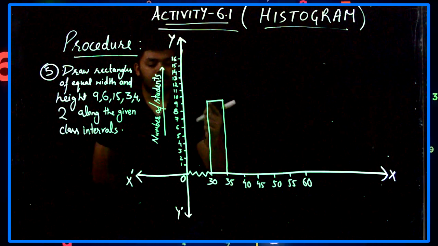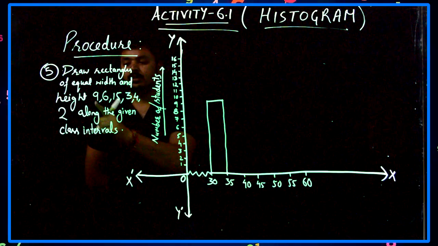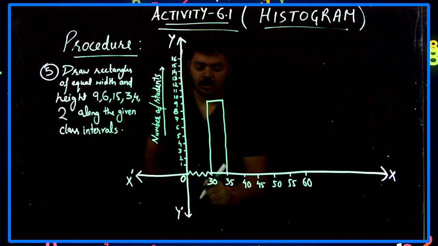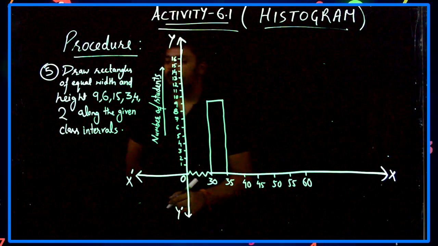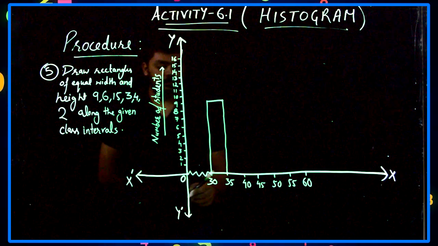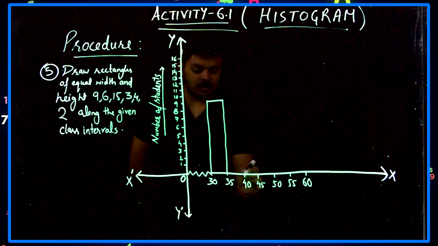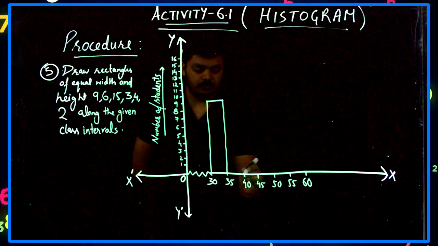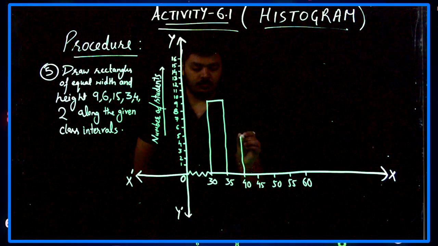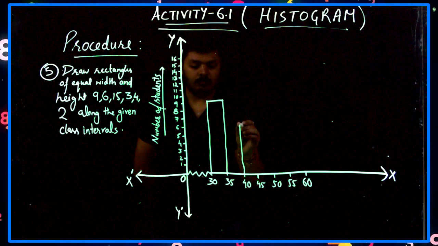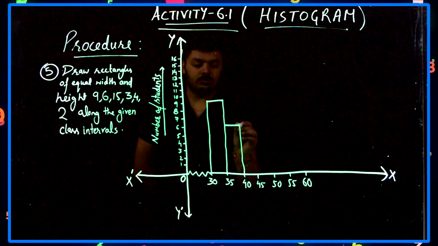This is our first rectangle for frequency 9 under the class 30 to 35. Under class 35 to 40 our frequency is 6, so mark 40 up to 6 and join.